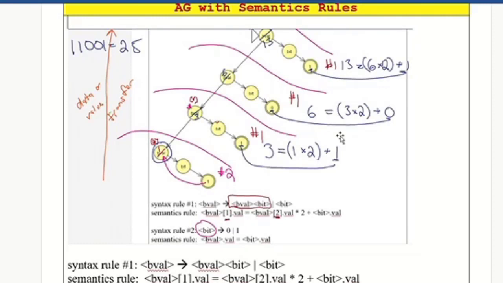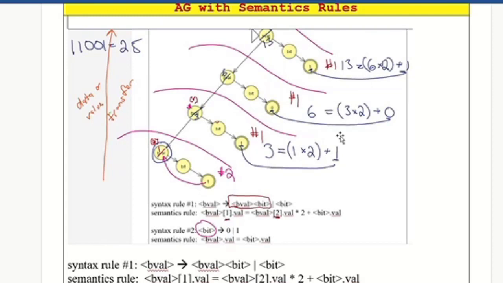Okay? So once we get two done, go ahead and get our calculation done, and then I transfer the data from bit to b-val. The value 1 physically transfers, and there's that 1 right there. So that's how we're transferring information. This looks very similar to what you've done with nodes before in C++ and objects.